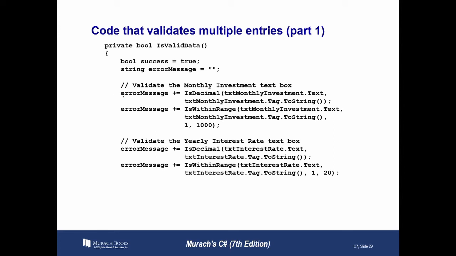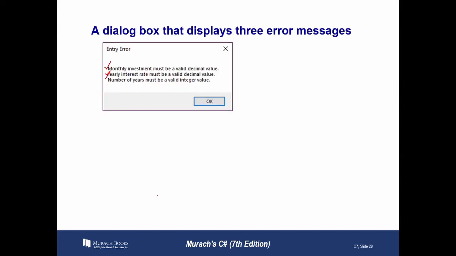And you're noticing here my error message initially says nothing, and then you're taking the nothing and adding what's going on in here, and then you're adding what's going on in here. So you're validating your monthly investment, and now you're validating your yearly interest rate. So you can really pack these things tight with information you want to have.